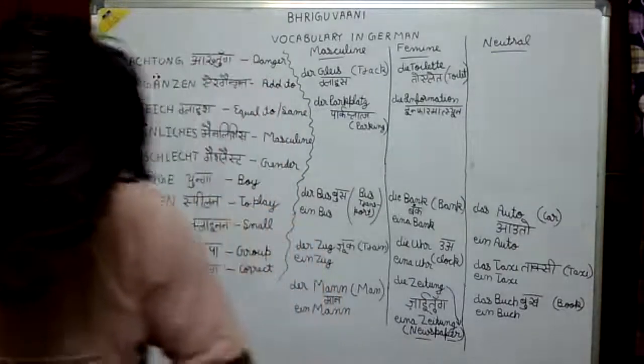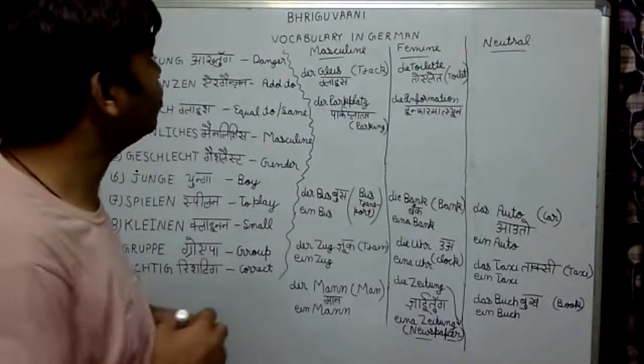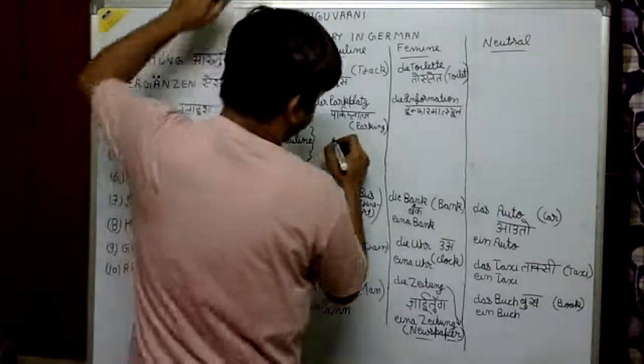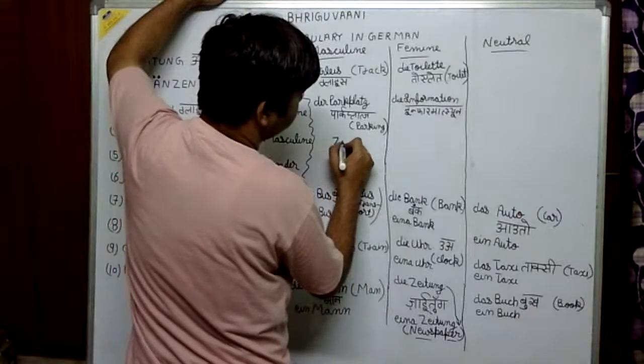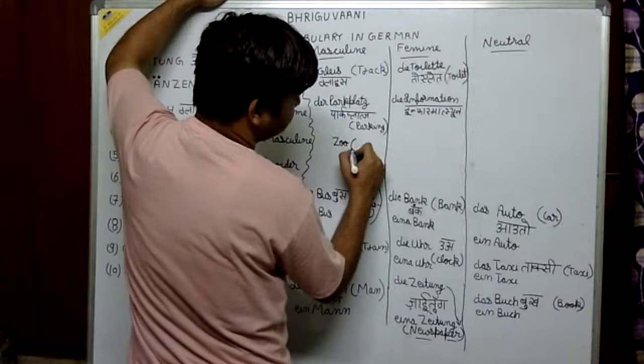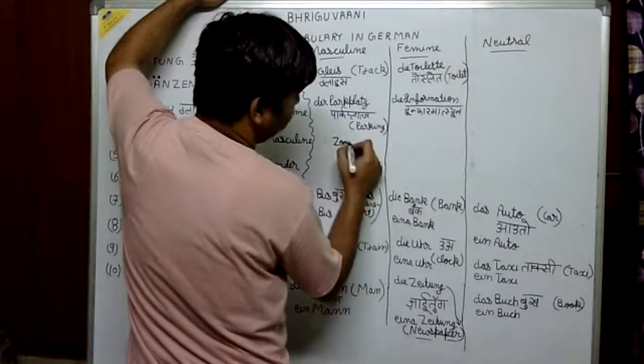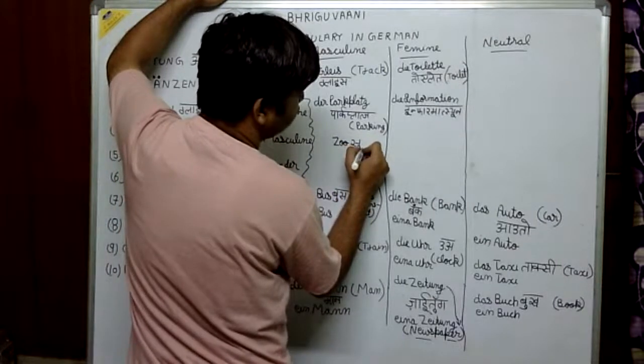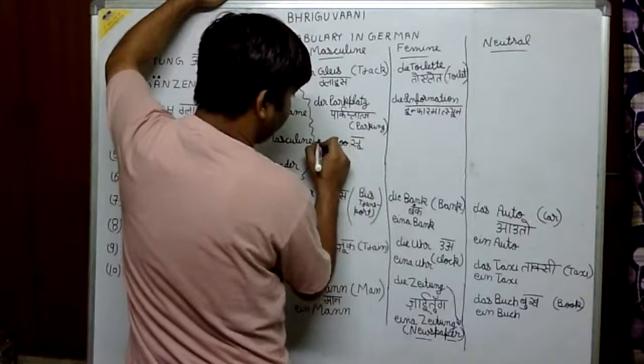Now, we again have a word called Zoo. What is it? It's Zoo, same as zoo in English. And this is again a masculine word.